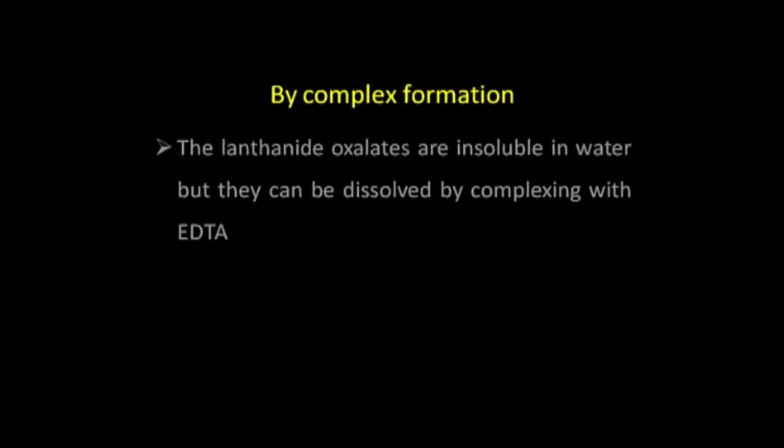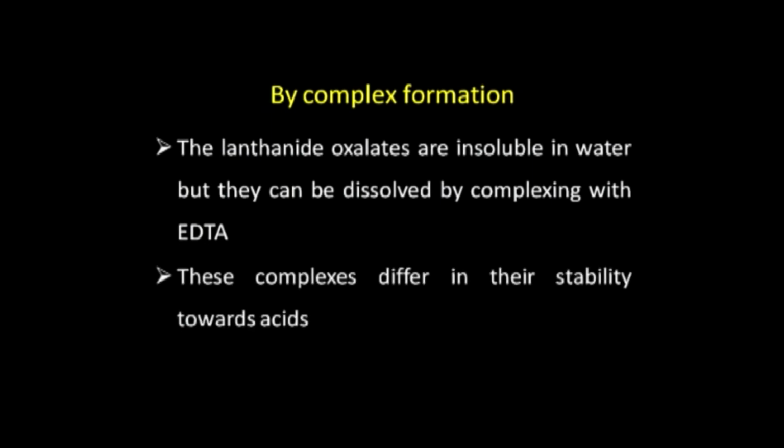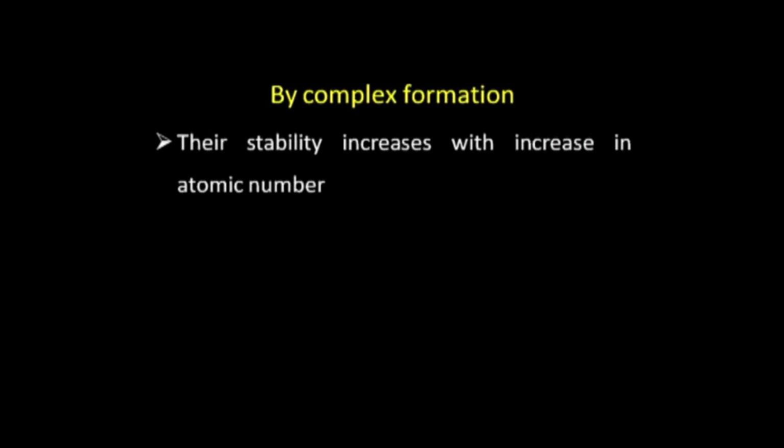Another method is by complex formation. The lanthanide oxalates are insoluble in water, but they can be dissolved by complexing with EDTA. The EDTA complexes differ in their stability towards acid. Their stability increases with increase in atomic number, that is, it increases from lanthanum towards lutetium.